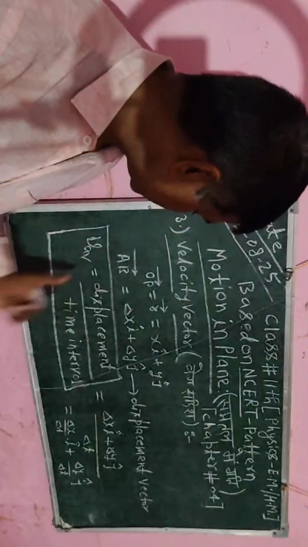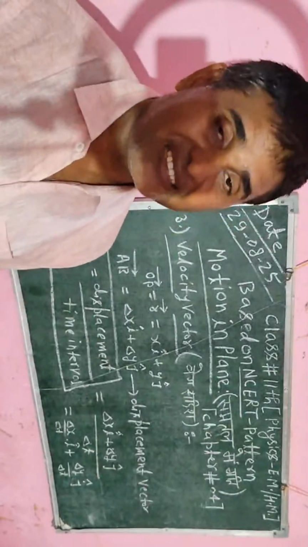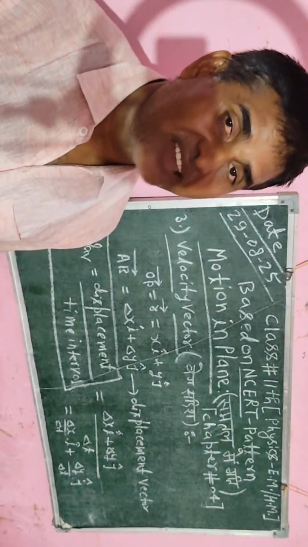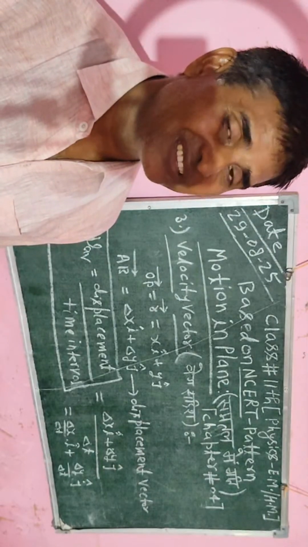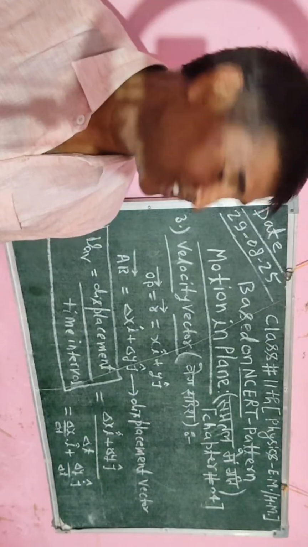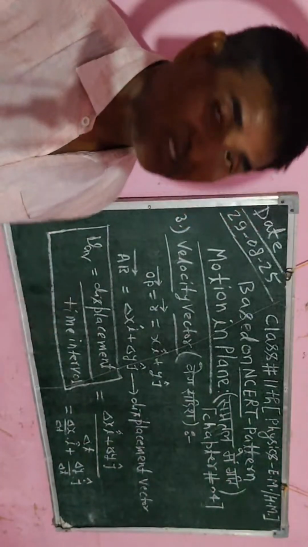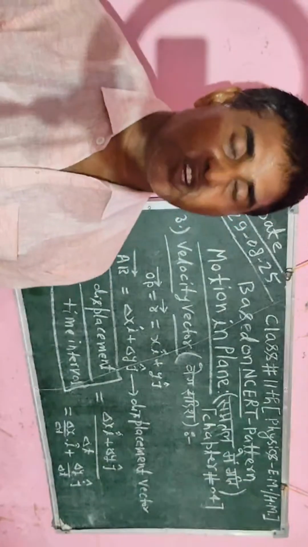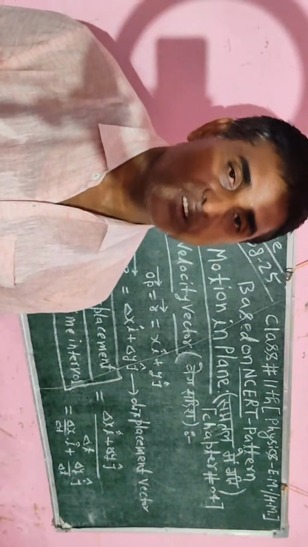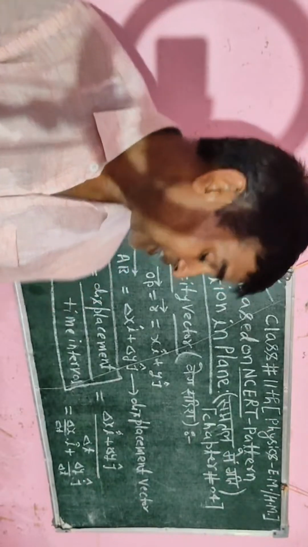Okay, average velocity. Now, one is velocity and the other is speed. What is the difference between speed and velocity? In the case of speed only distance is taken, but in the case of velocity displacement is taken, because displacement has both direction and magnitude, whereas speed has only magnitude but no specific direction.